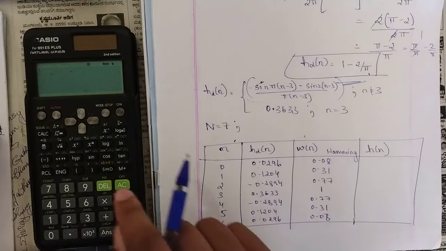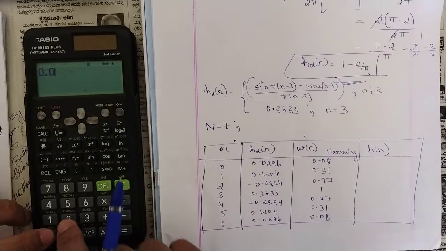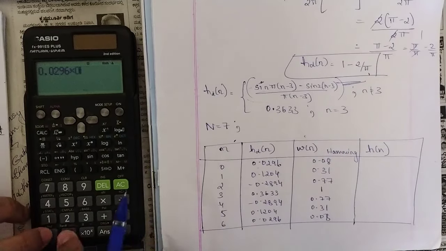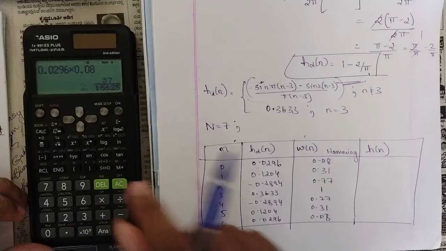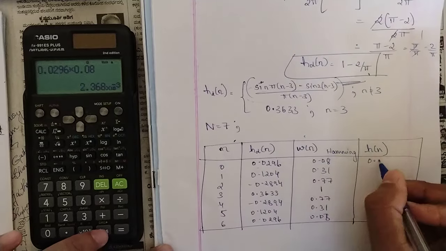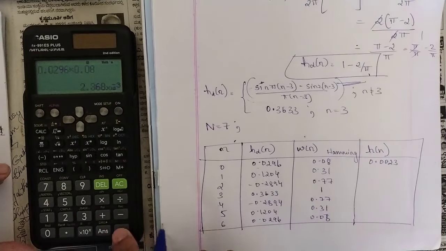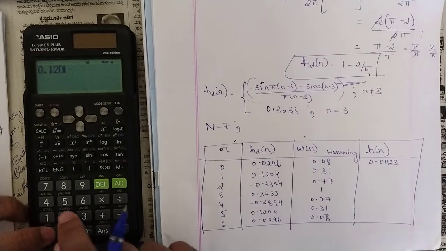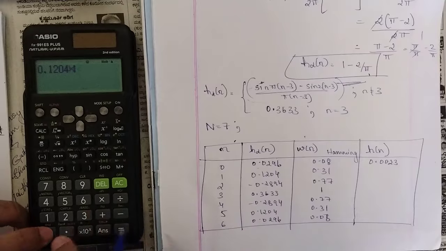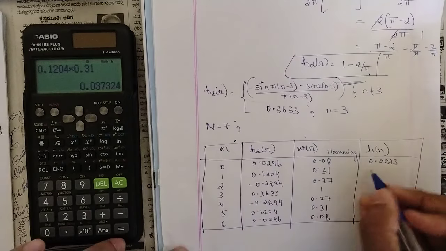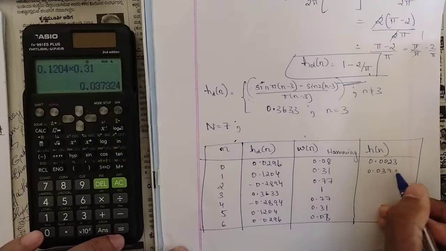Okay, now multiply 0.0296 into 0.08, that is 0.0023, okay, 10 power minus 3, right? 0.1204 into 0.31 gives 0.0373.